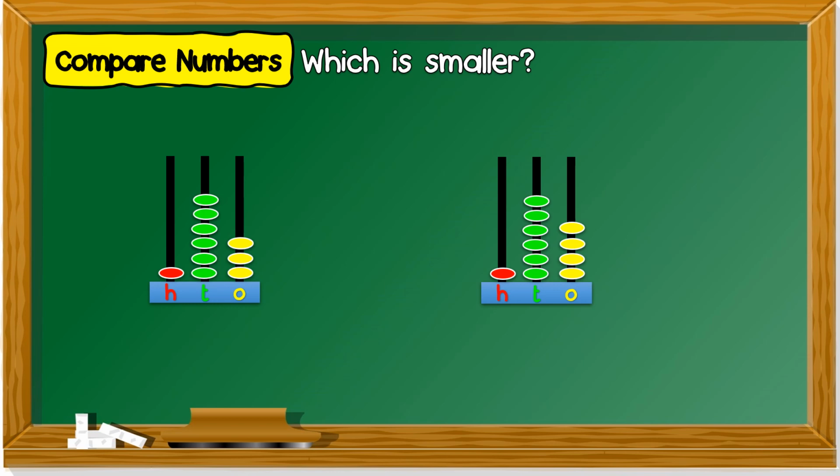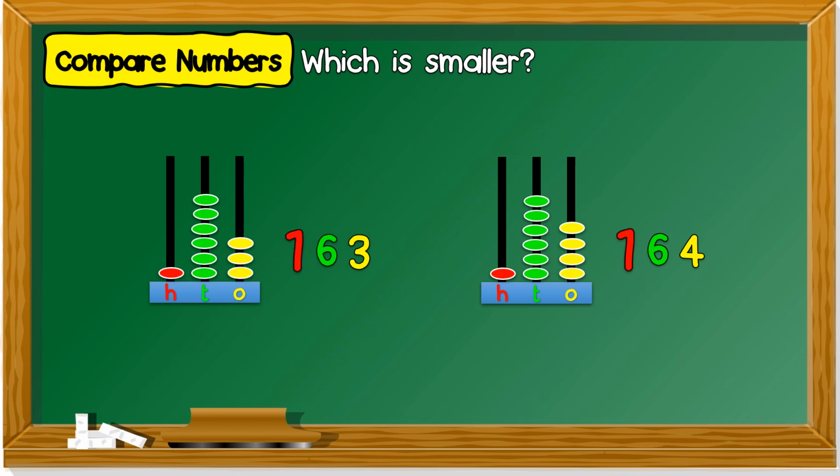For the one on the left, did you get 163? Very good. How about the one on the right? It's 164. Okay, very good. Now, which is smaller? We look at the number for hundreds.